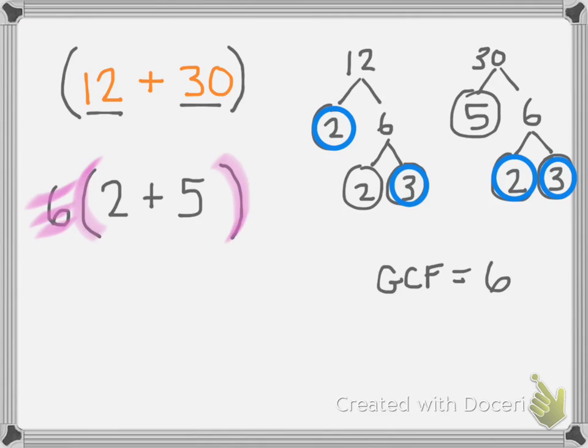You might be thinking, wow, I guess that's all right, but what's the big deal? Why so important? Well, when we get to things like 2x cubed plus 8x squared, we can't add those because x cubes are different than x squareds.